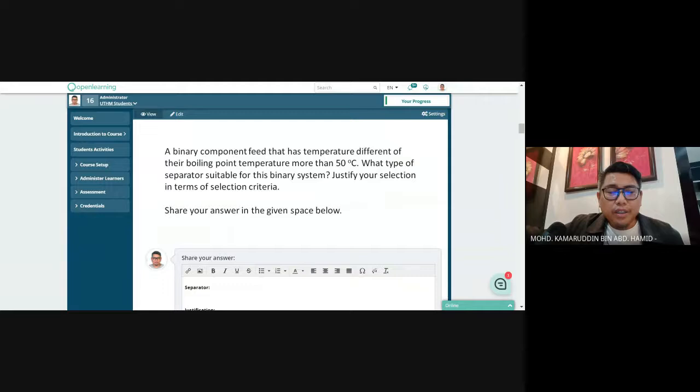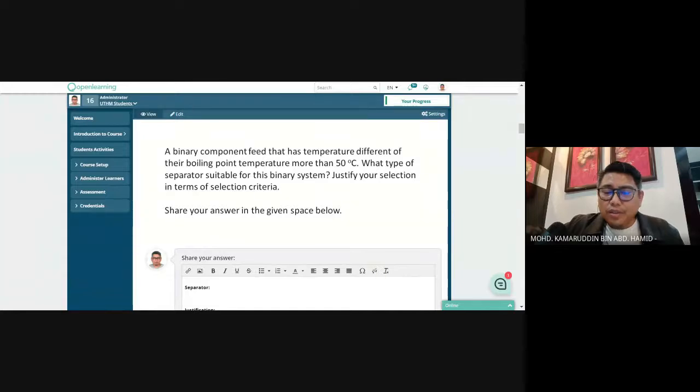And there is another big hint, which is that the delta TB is more than 50 degrees C. We have discussed separators 1 to 5, plus extractive number 6 and azeotropic number 7.